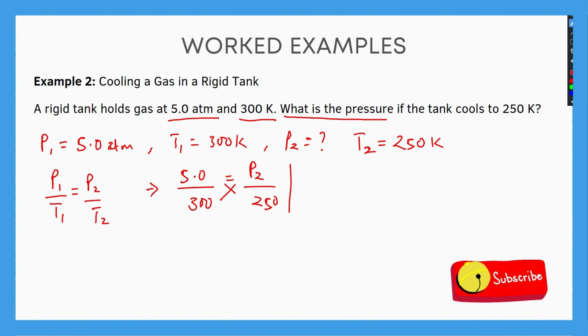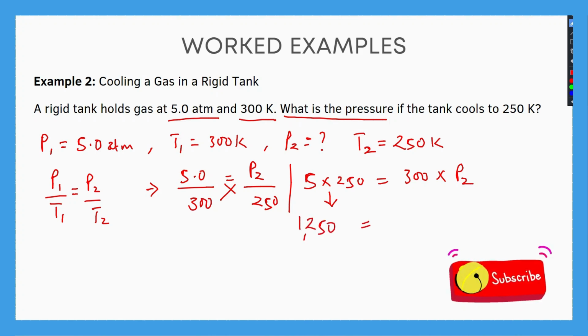Doing that gives us 5 times 250 being equal to 300 multiplied by P2. So 5 multiplied by 250 gives us 1250. And then this becomes 300 P2.